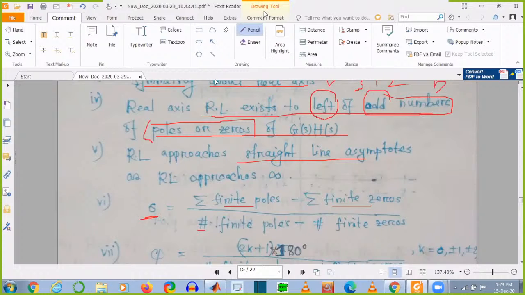So the root locus approaches straight line asymptotes. Asymptotes means infinite path.